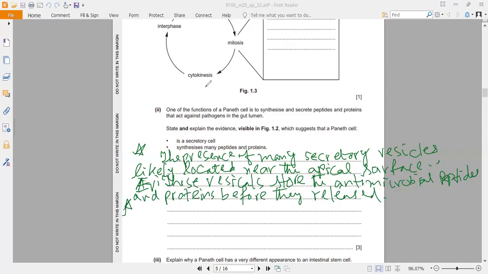The other statement can be the extensive network of rough endoplasmic reticulum.